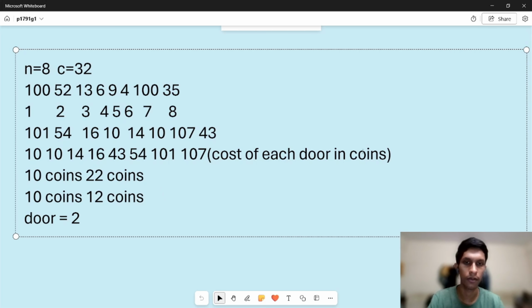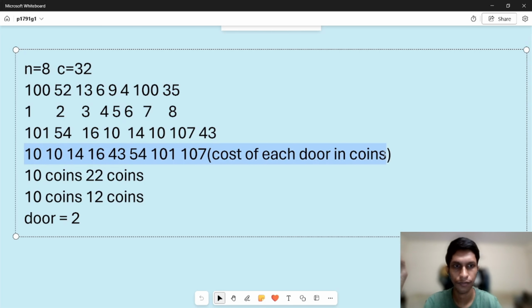So first of all, what we are going to do here, we have calculated the cost for opening each door. Let's say the door at the first index costs 100 coins, second 52 coins, third 13 coins, and so on. This is the cost for all the doors. After calculating all the costs, we are going to sort them.